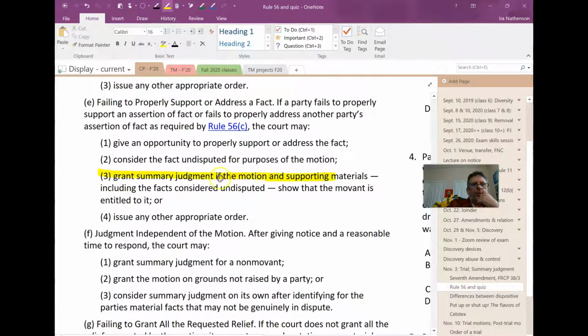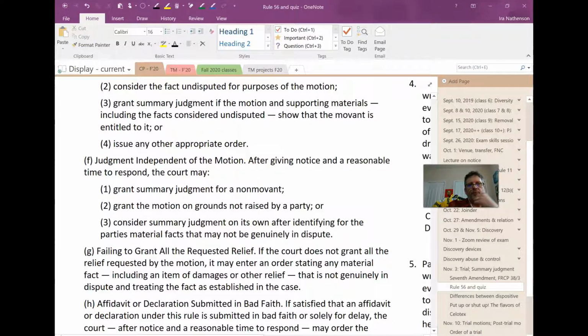This talks about when the court can grant summary judgment or give people more time. Or a court can even, if it doesn't grant summary judgment, consider a particular fact undisputed. So it could cherry pick particular facts to be considered undisputed.